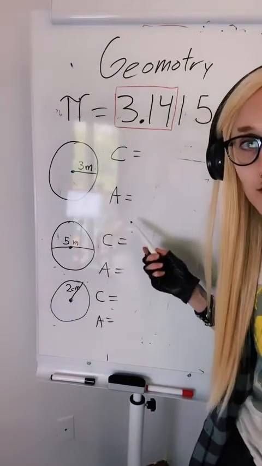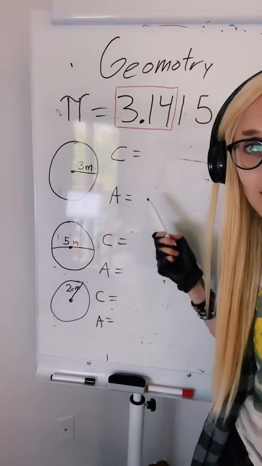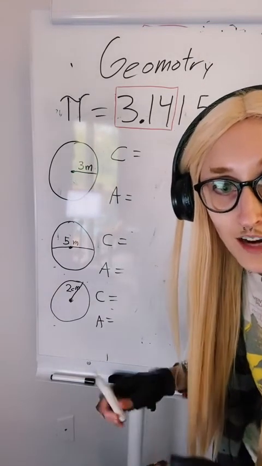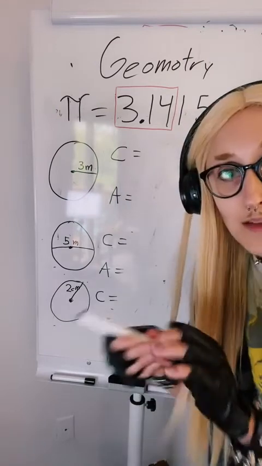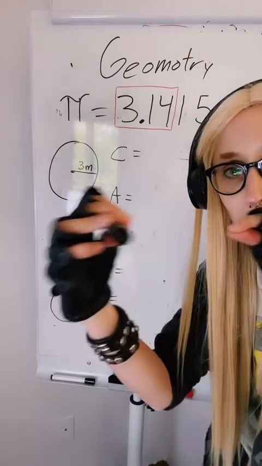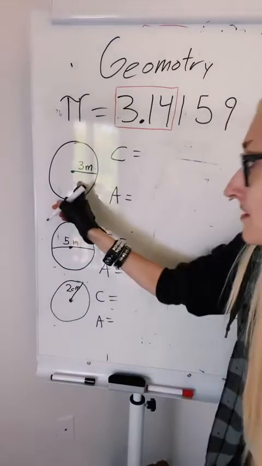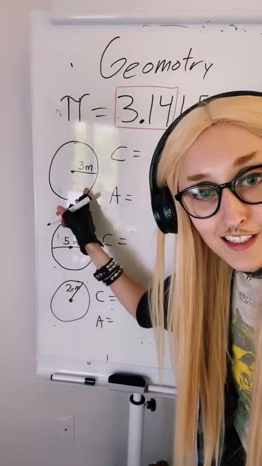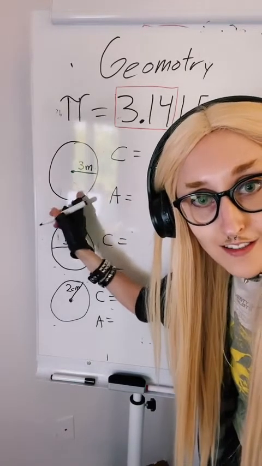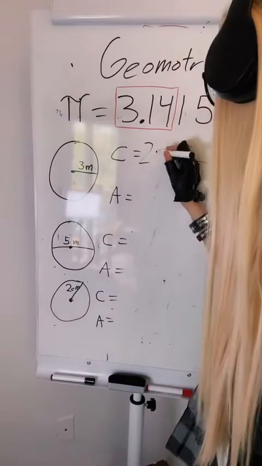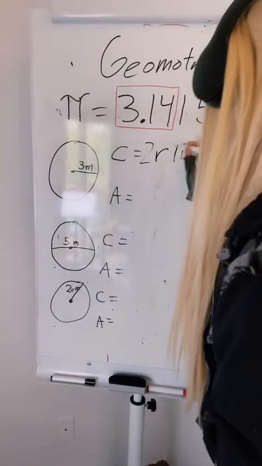We want to talk about the circumference of this guy. How do we find the circumference again? The circumference is our diameter, right, all the way across the circle, times pi. So in this case, you are given the radius. And how long is the radius to the diameter? It's going to be 2 times r times pi.